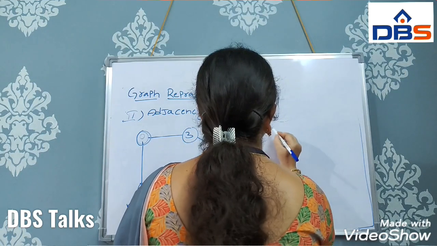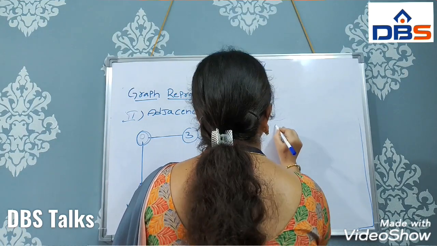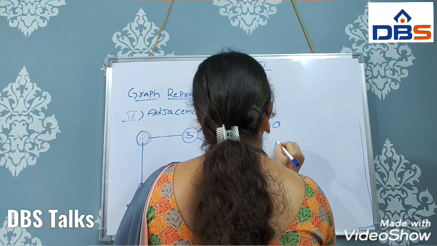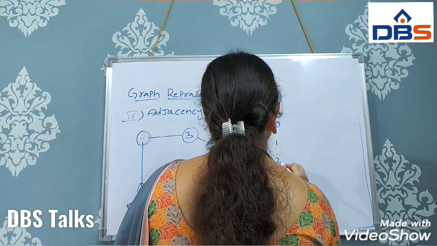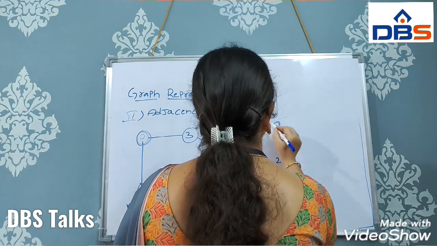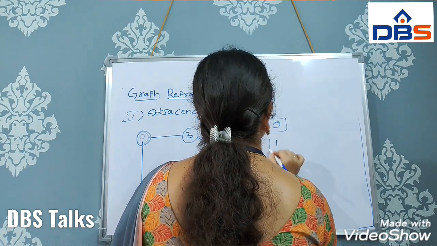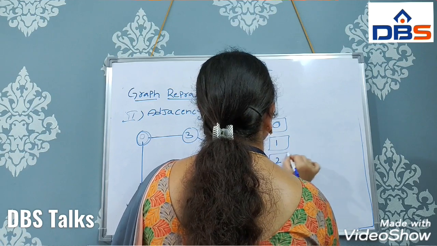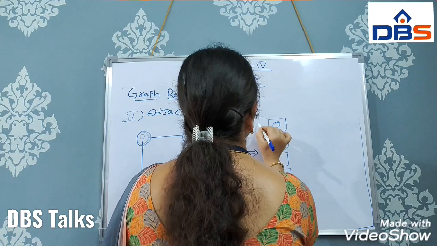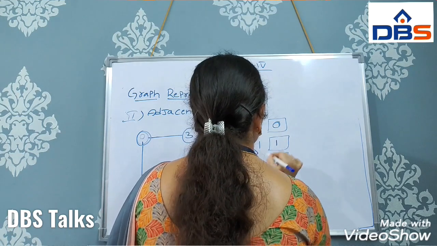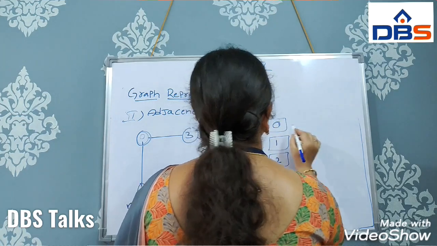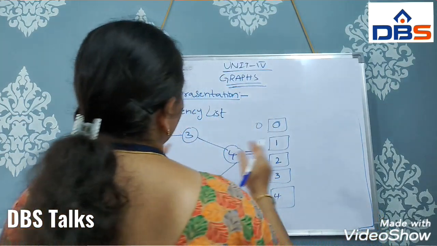Here we are going to represent the vertices: 0, 1, 2, 3, 4. And also outside we need to write the same vertices 0, 1, 2, 3, 4. These are the heads. So here we need to give the links.